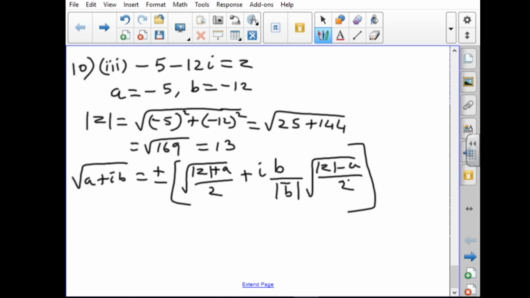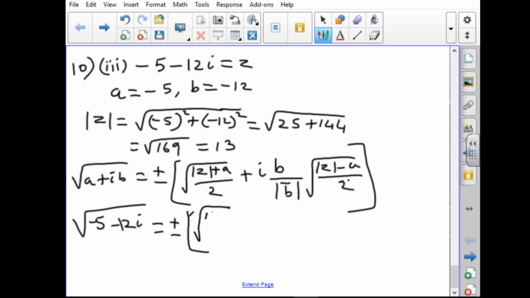So, this is the square root formula, and we are going to apply it here. So, square root of minus 5 minus 12i is equal to plus or minus. Modulus of z is equal to 13.